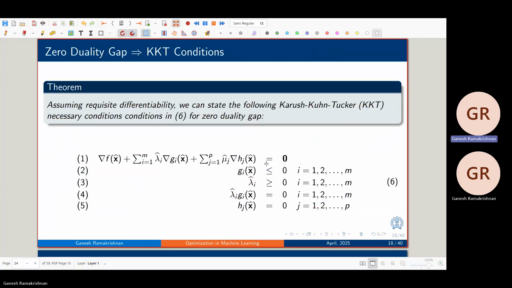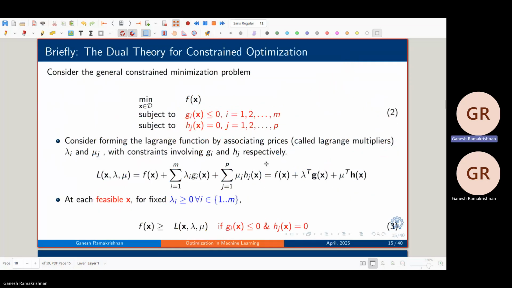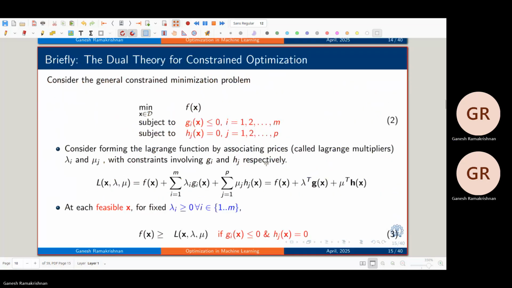Okay. So now we get into the next interesting discussion. What we are going to do is go to the dual theory. I'm going to now define a Lagrange function. What is a Lagrange function? Well, kind of working backwards, I saw all these necessary conditions.